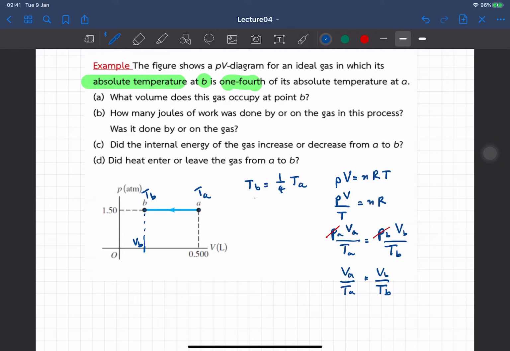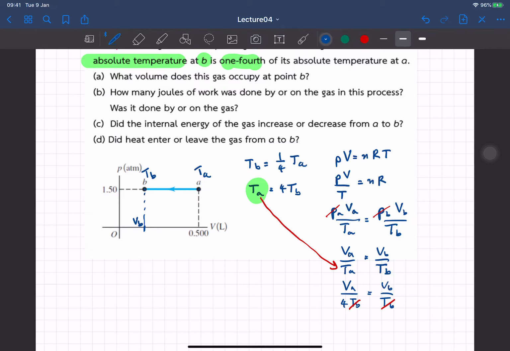And then we also know the relationship between TA and TB. From this, I can rewrite TA equal to 4 times TB. So I can substitute TA into this equation. I have VA over 4TB equal to VB over TB. And by doing so, I can cancel out TB also, like this.